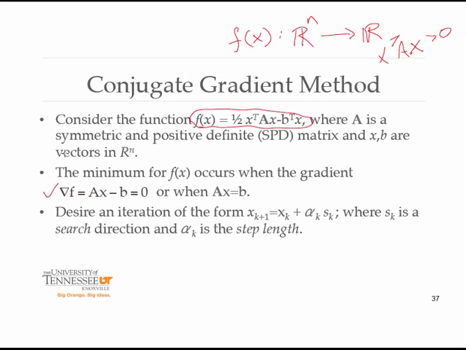So just like you did in first semester to find those critical points, if you set the gradient, which is actually Ax minus b, equal to 0, then that says that Ax would have to be equivalent to b. So what's interesting about the conjugate gradient method is that in the minimization of this vector-valued function f, you'll find the minimum when x actually solves the linear system Ax equals b.